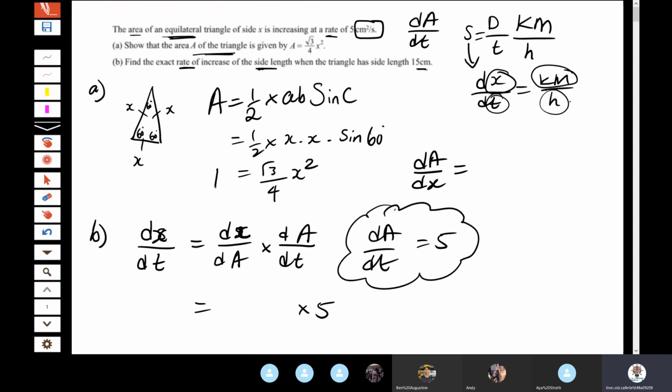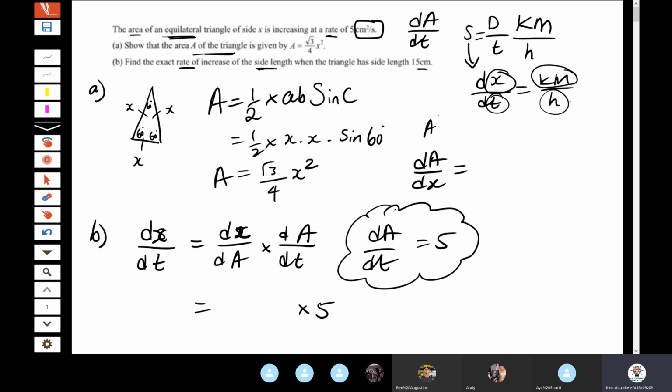What does dA on dx equal to? If A equals root 3 on 4 x squared, what would dA on dx equal to? Aya, what do you do with dA on dx? Do you know what this means?